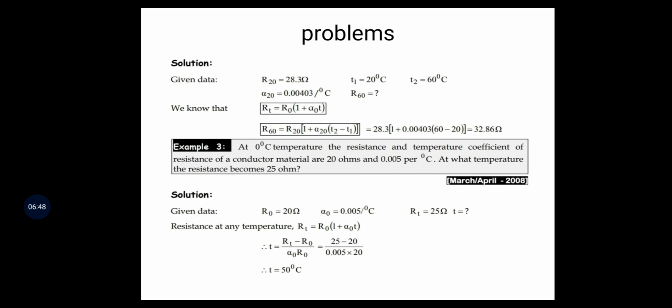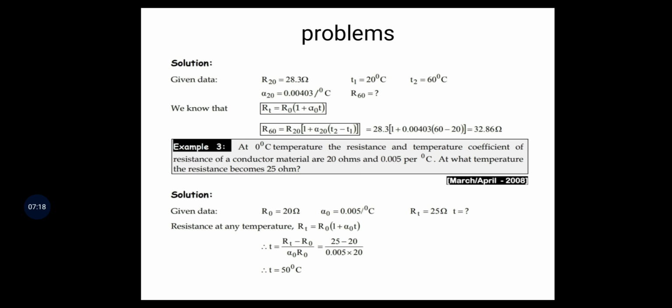Here R naught value equal to 20 ohms and alpha naught value equal to 0.005 per degree centigrade. Next, RT value is given as 25 ohms. Here, what is the temperature at 25 ohms?